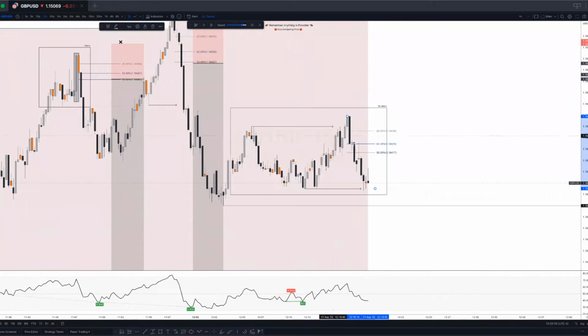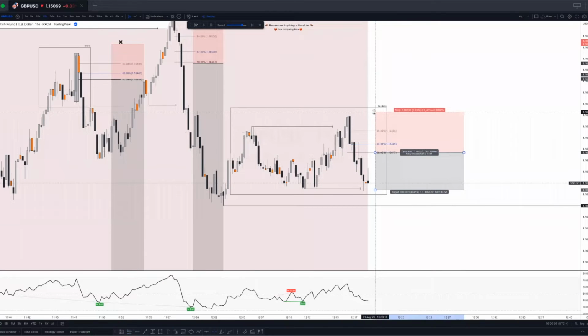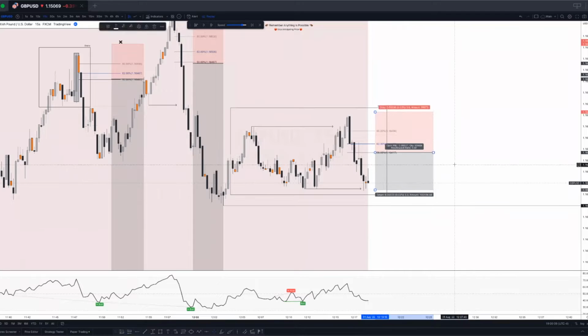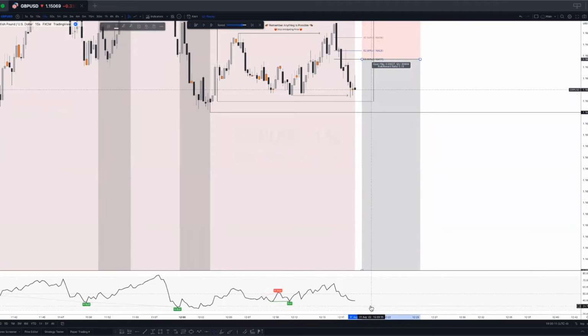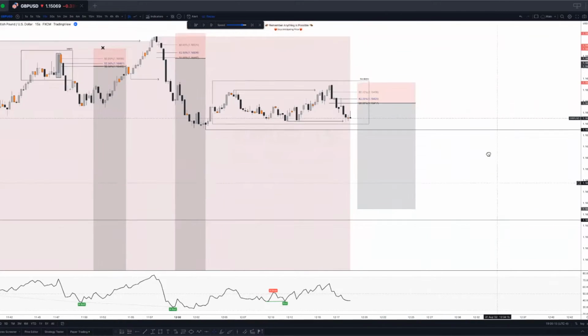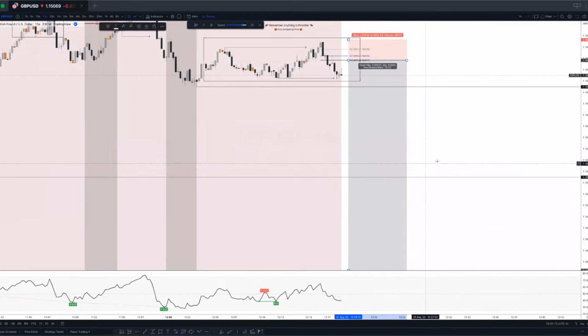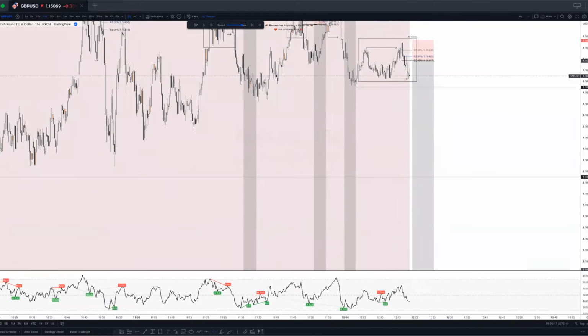How big of a stop is this? 3.3 pips. I can do that. I would take, run it down. Okay.